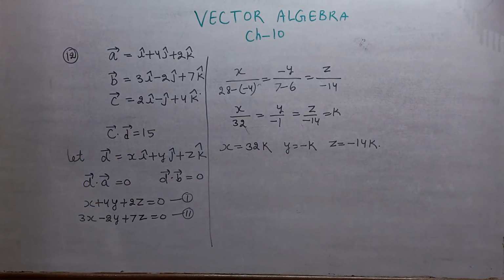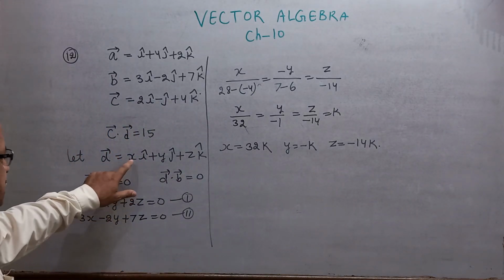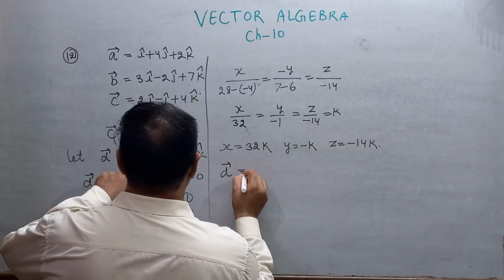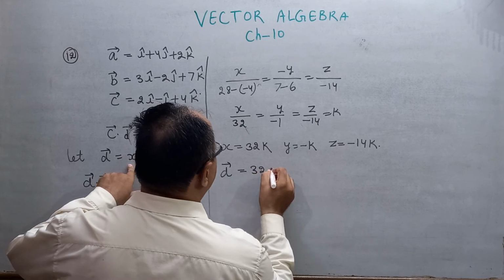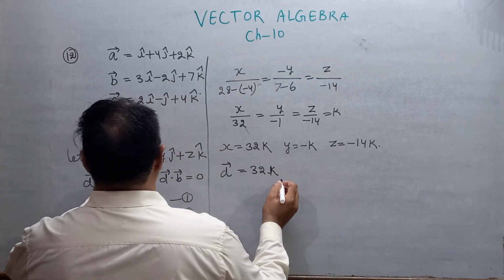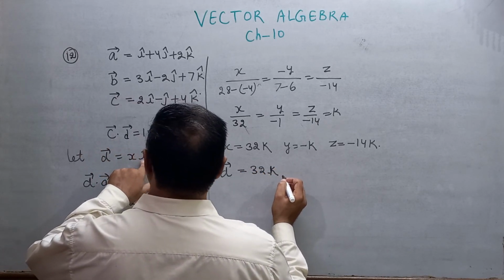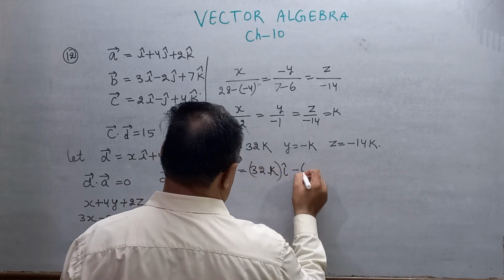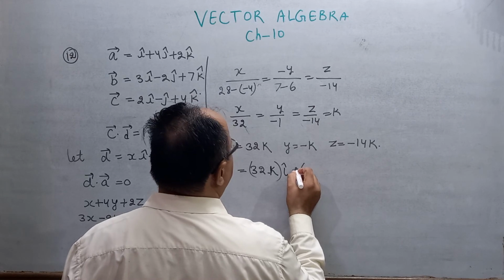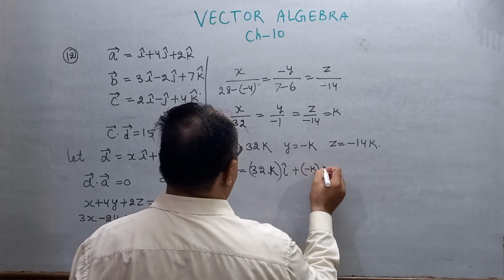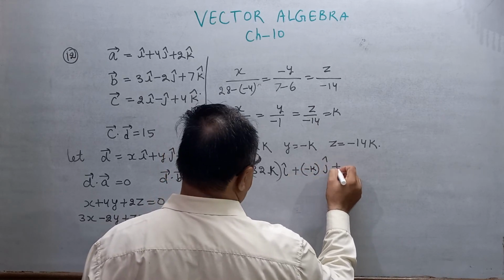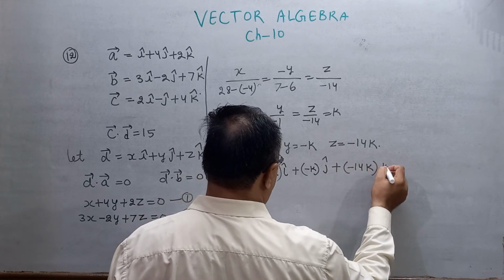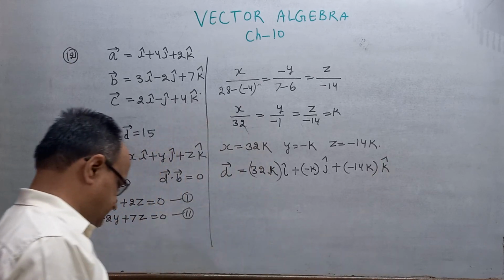Now put the values of x, y, z in D. Therefore the vector D is 32k i cap, here put the value of y, minus k j cap and minus 14k k cap. Correct.